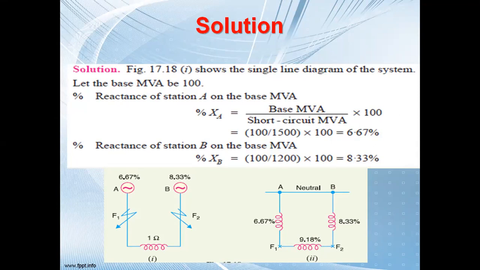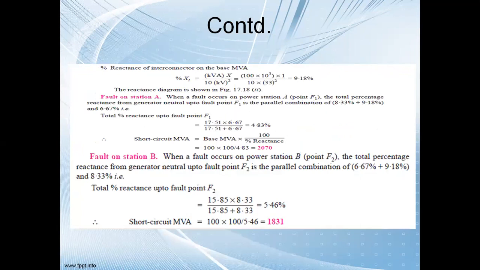There is a formula: percentage reactance equals KVA into reactance by 10 into KV squared. Yes or no?